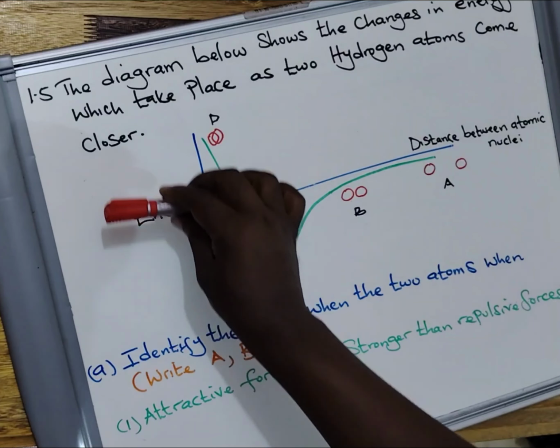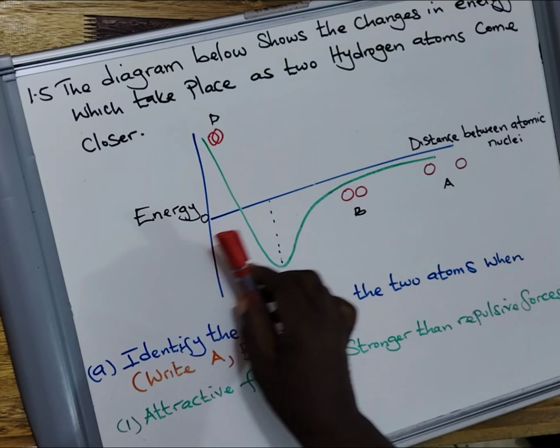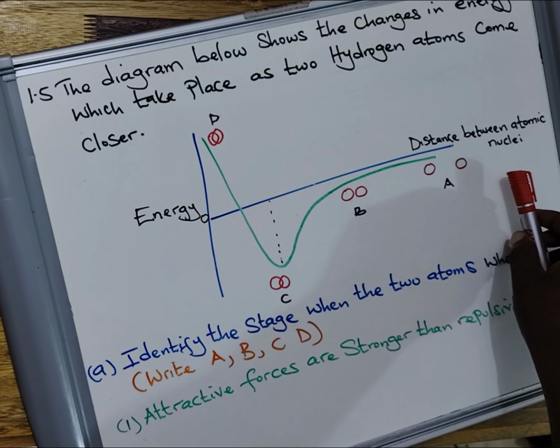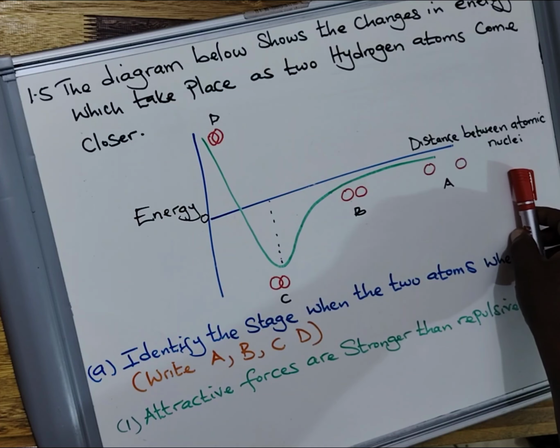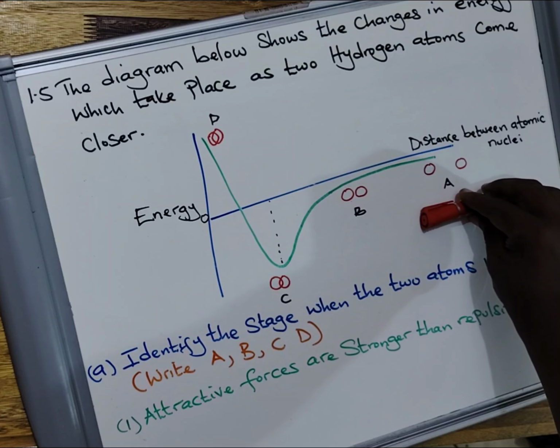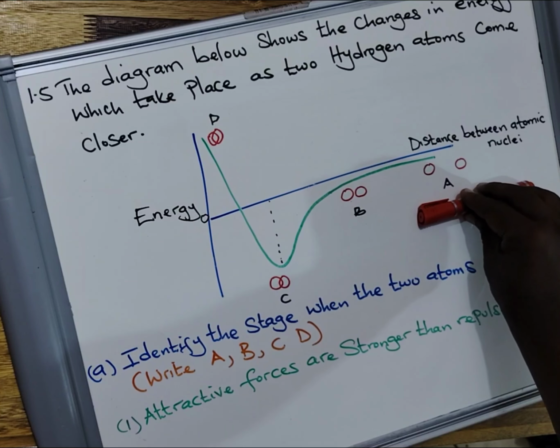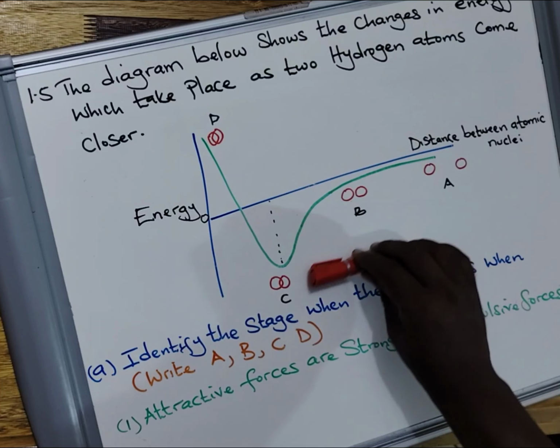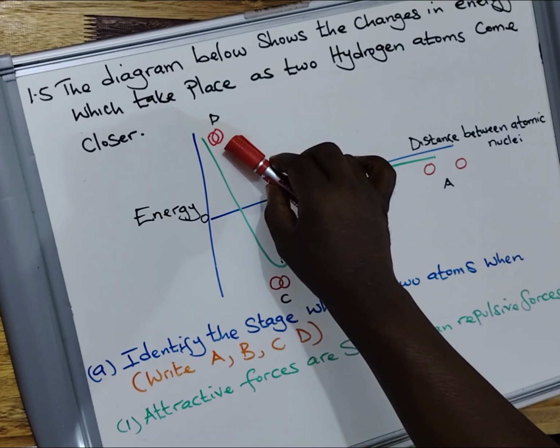So you have energy, potential energy, and this side you have distance between atomic nuclei. Okay, we have points or stages: A, we have B, we have C, and D.